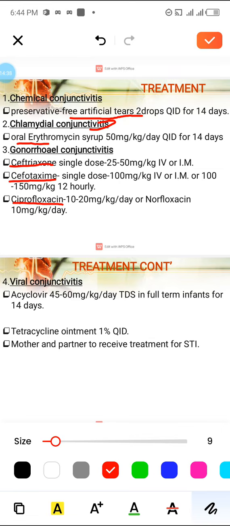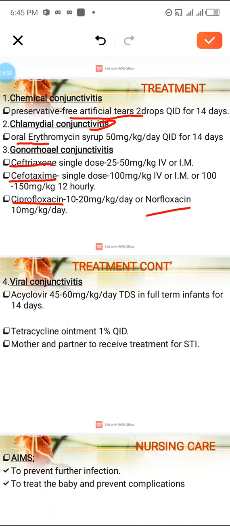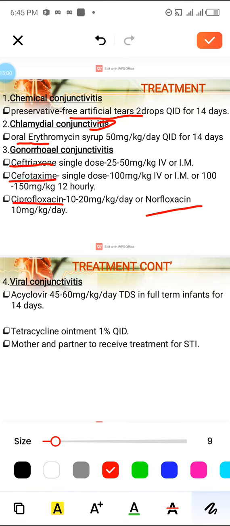You can also give cefotaxime, a single dose of 100 milligrams per kg, IV or IM, or 100 to 150 milligrams per kg 12 hourly. Then you can also provide ciprofloxacin, 10 to 20 milligrams per kg per day, or norfloxacin, 10 milligrams per kg per day. So these are the treatment options that you have.